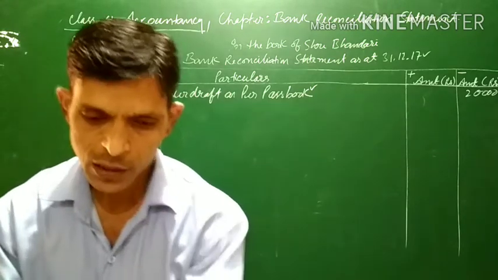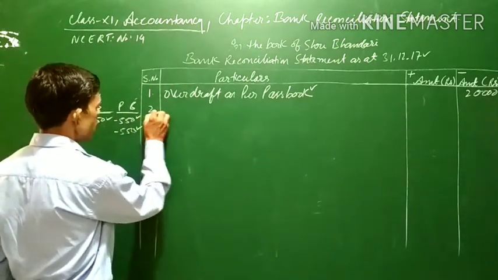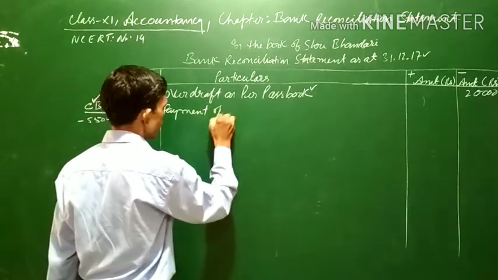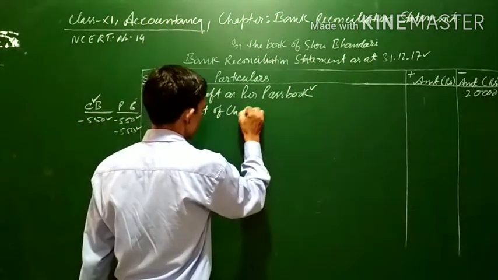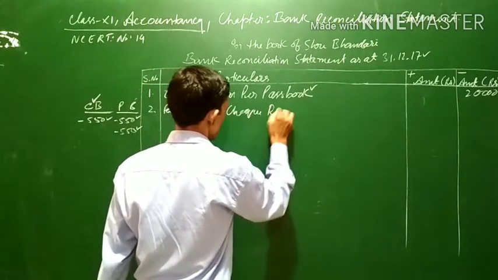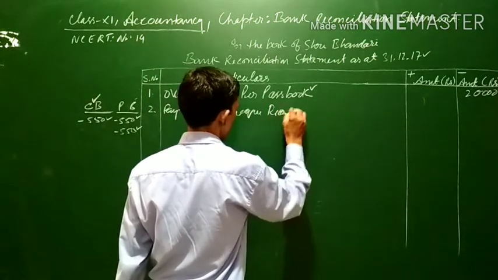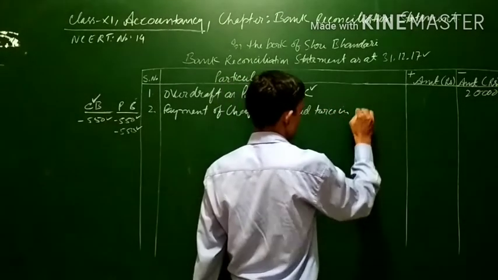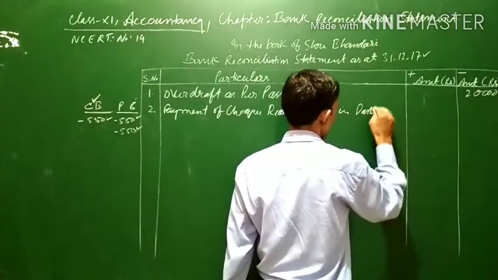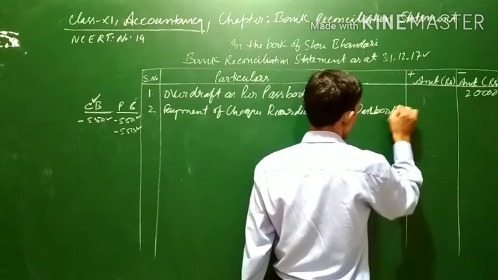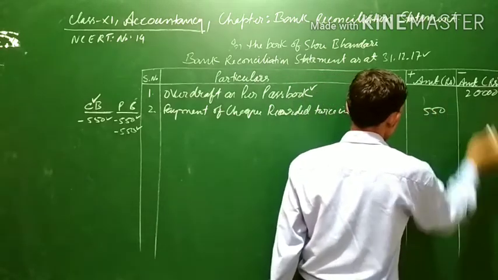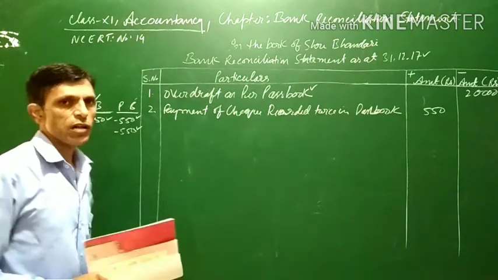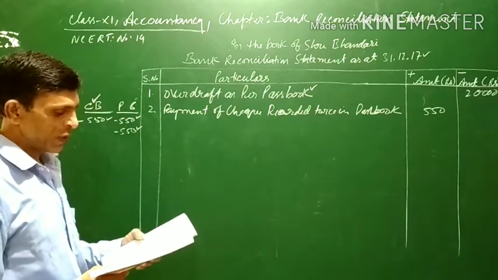We will be writing payment of check recorded twice in passbook. There is no mistake in the cash book, because the payment was made only once.